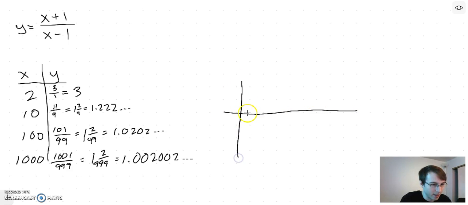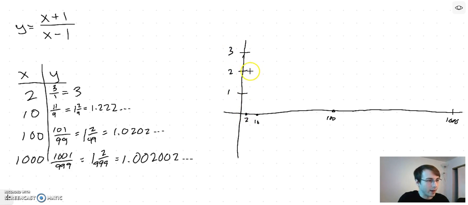So if we're going to graph this, let me draw that straighter. We've got x at 2, at 10, at 100. I'm just going to put 1,000 as far as I can over here. At 2, we had y is 3. At 10, we had y is 1.22.